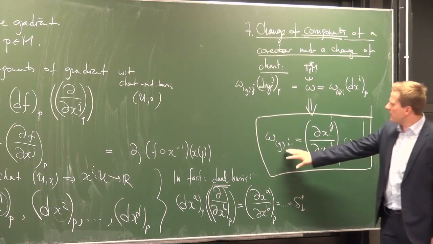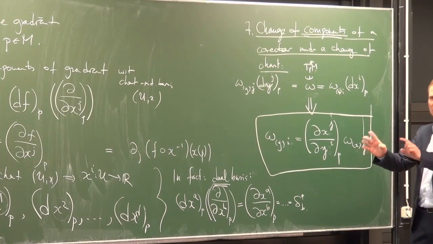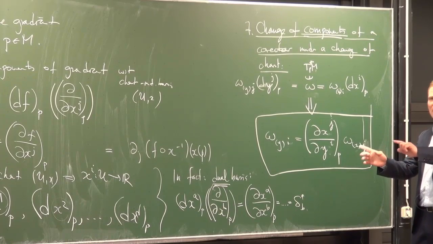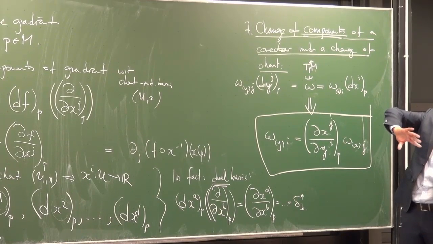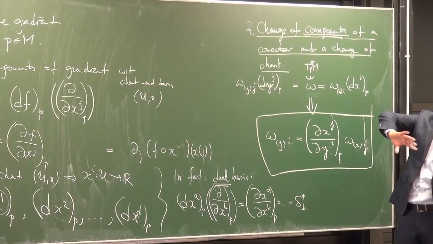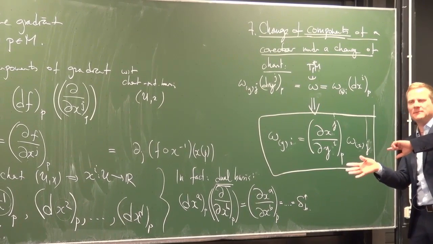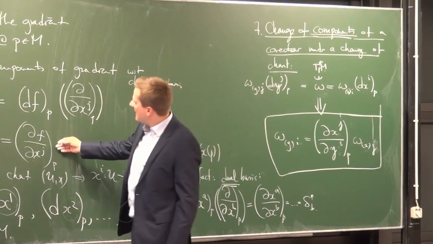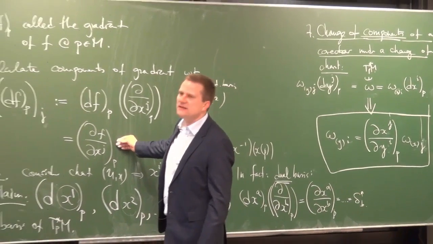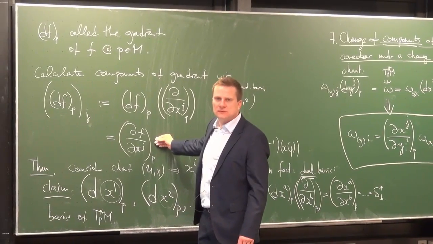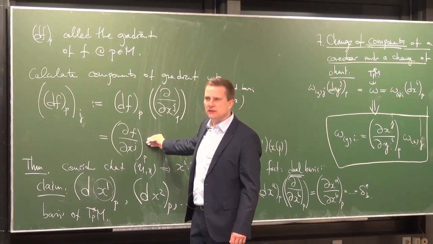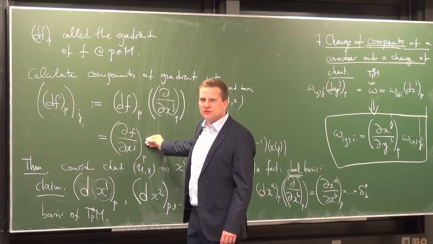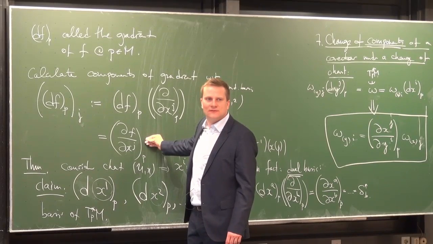So really, the components of a covector under a change of chart are transformed the other way linearly than the components of a vector under the same change of chart. And now imagine what happens if you call the gradient a vector, and you believe your terminology, you're in direct contradiction to the chain rule. Right?